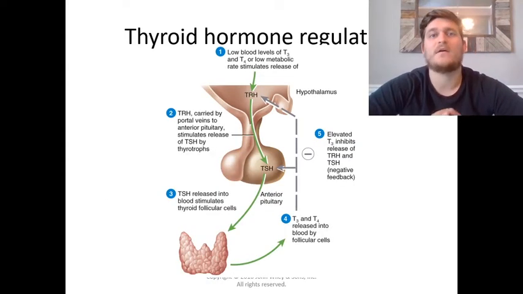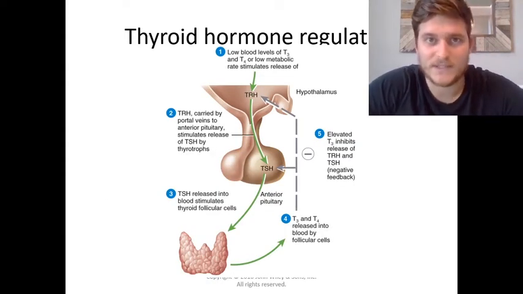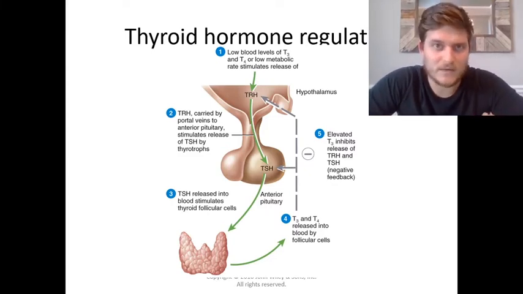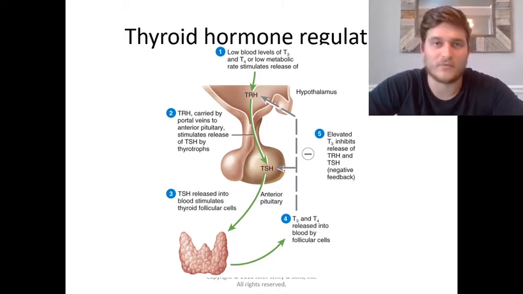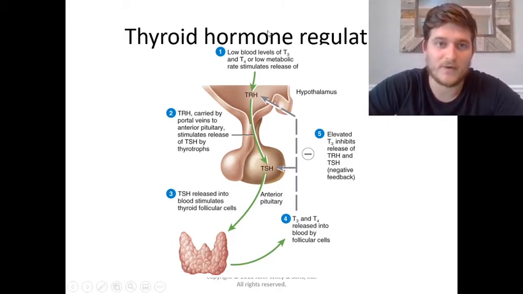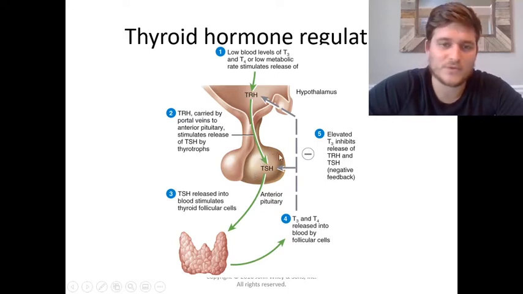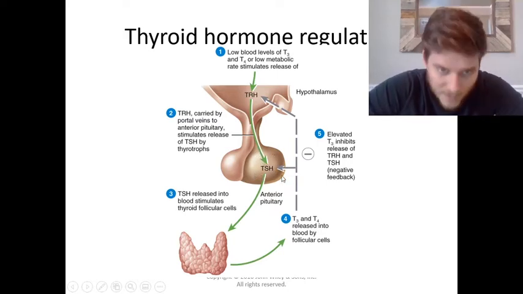growth. The amount of T3 and T4 that is released into the bloodstream is going to be regulated by their levels within the blood. And so if there are low levels of T3 or T4 or metabolic rates are low, what's going to happen is the hypothalamus is going to secrete TRH, or thyrotropin releasing hormone, and then that will make its way to the anterior pituitary gland where those thyrotropes are going to release thyroid stimulating hormone.